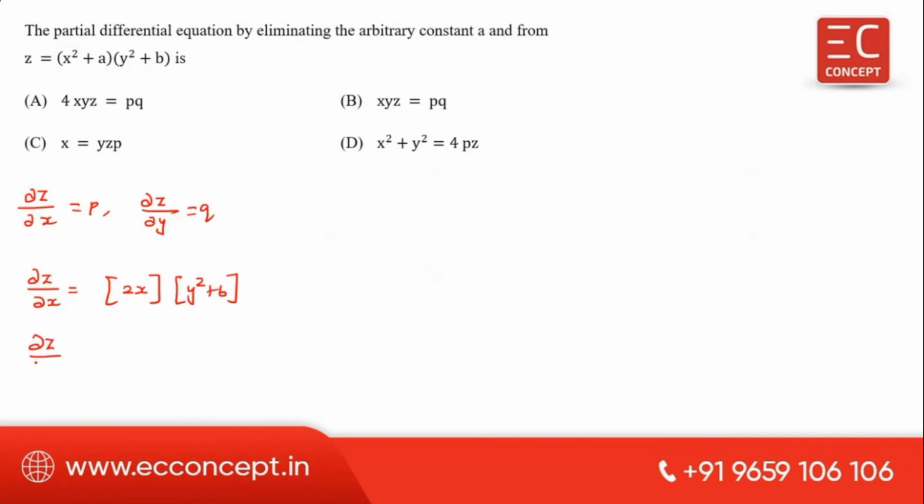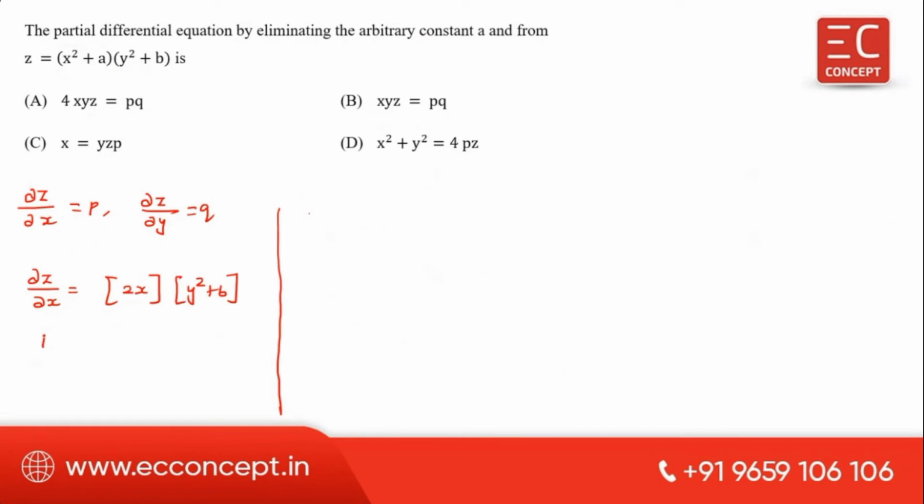Similarly, ∂z/∂y: you have to take out x² + a, which is constant, and differentiate with respect to y. Now we can write 2x. Okay, now we can write ∂z/∂x is equal to, what I can do, I can finish this.